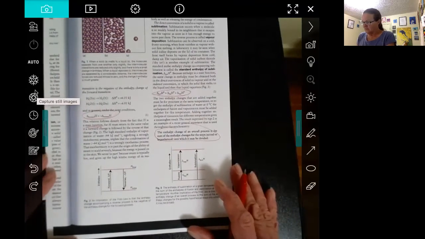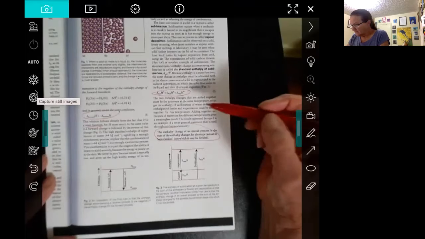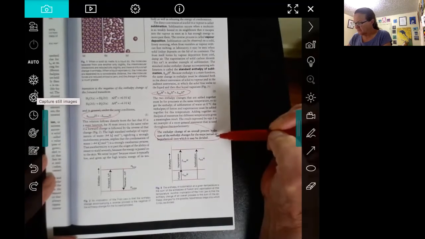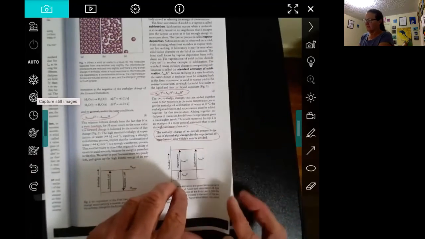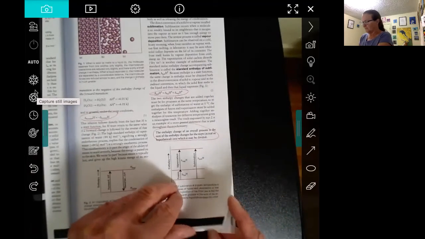So once again, that's just Hess's law. The enthalpy change of an overall process is the sum of the enthalpy changes for the steps into which it's divided. That's all that's saying: enthalpy is a state function.